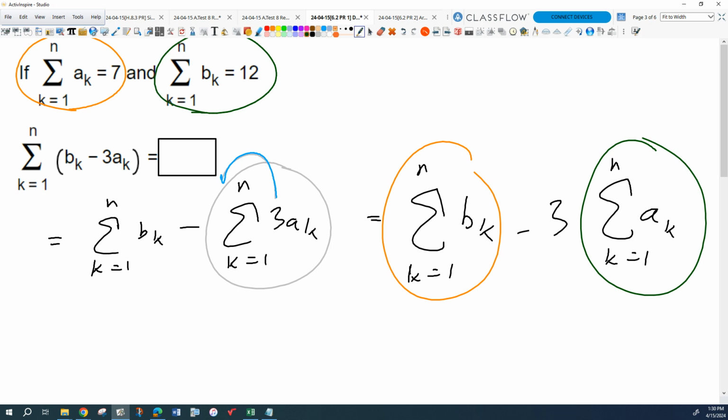And so my answer is just going to be 7 minus 3 times 12. The whole point of this question is just so you see that you can use these properties to pare this down to where the sums are really minimal. I know what they are.